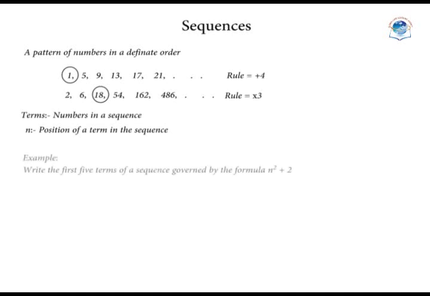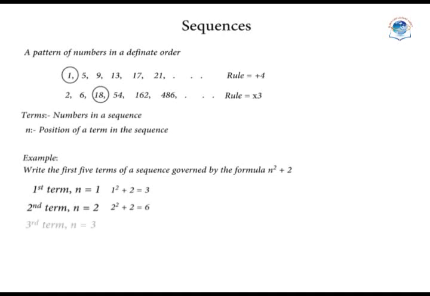For example, write the first 5 terms of a sequence governed by the formula n squared plus 2. For the first term, n is 1, therefore we have 1 squared plus 2, giving us 3. The second term, n is 2, and so 2 squared plus 2 is equal to 6.